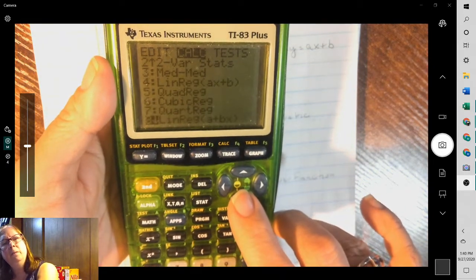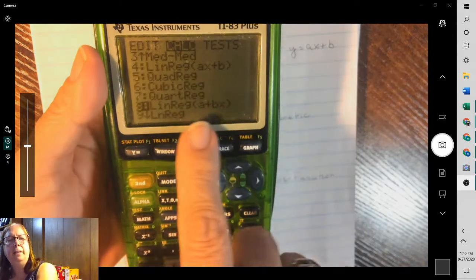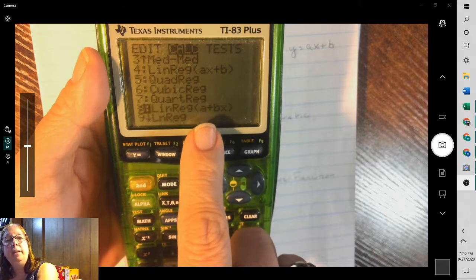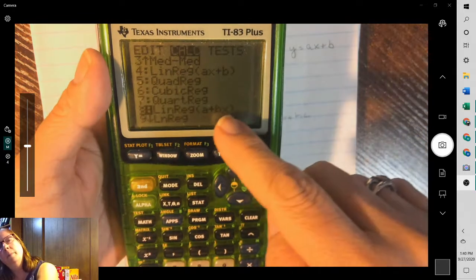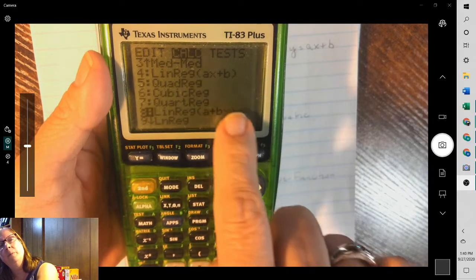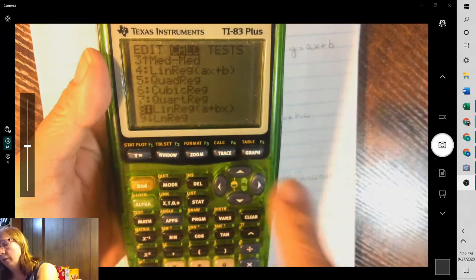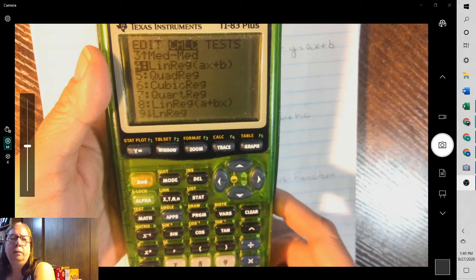So you want to be careful. They will give you the same values, but they're switching the a and the b: a plus bx. So remember which one you're doing, so you remember if the a is your slope or your y-intercept. I like to keep a as my slope, so I'm using this one.